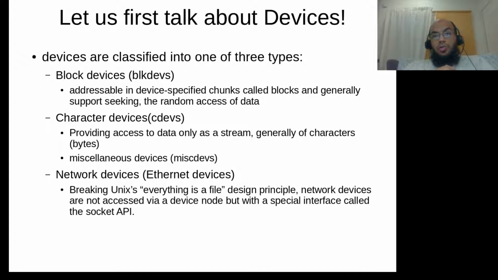This is something that you would use, for example, if you're building a device driver for a CD-ROM. The second type is character devices, or cdevs, and these provide access to data using only a stream, generally a stream of bytes or characters.